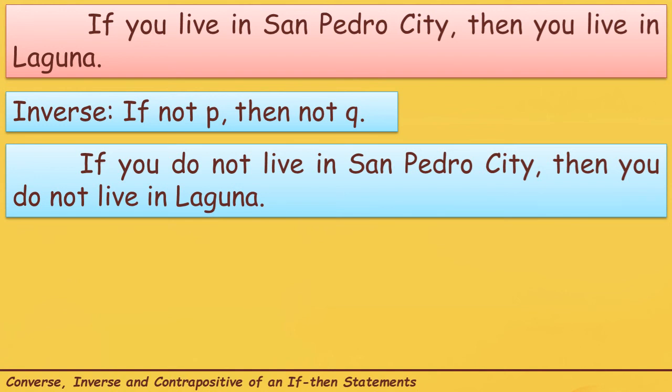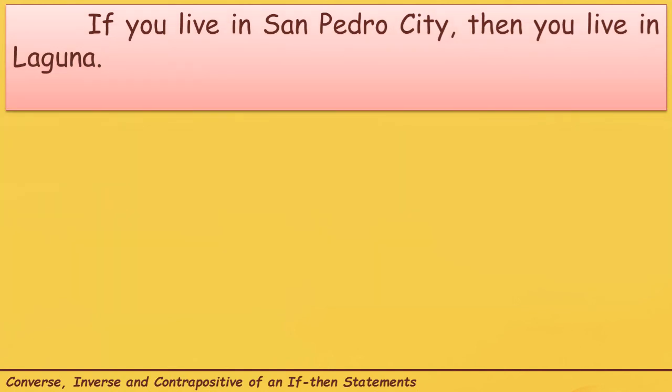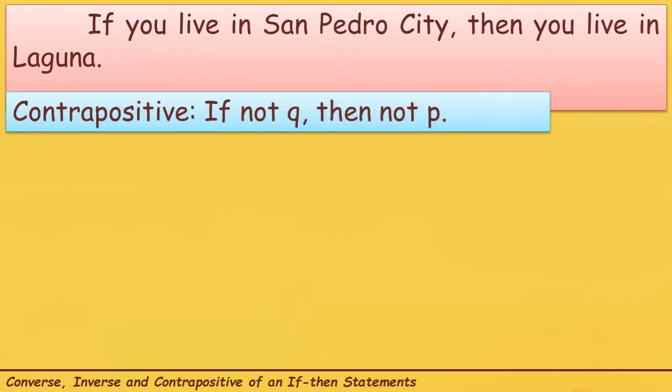Next, contrapositive. So, tignan natin yung contrapositive. Ang pattern natin dito, if not Q, then not P. Okay, I will also give you 30 seconds for this. 30 seconds starts now.